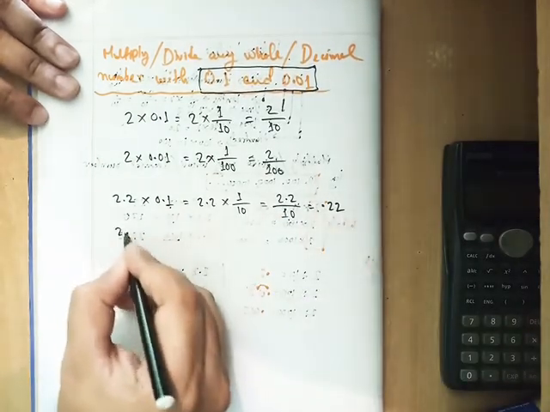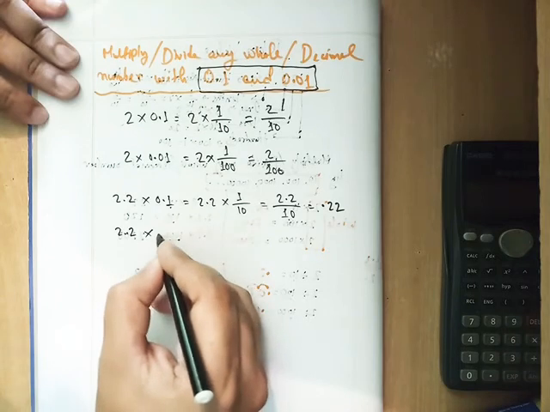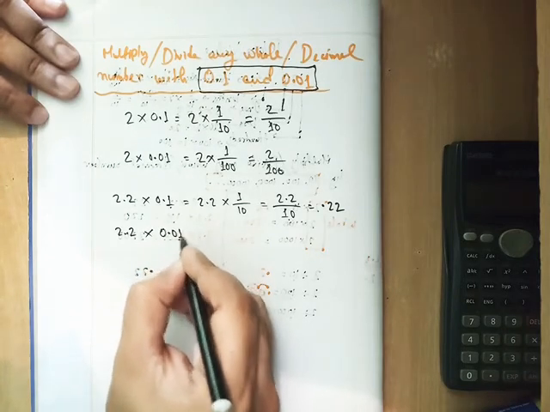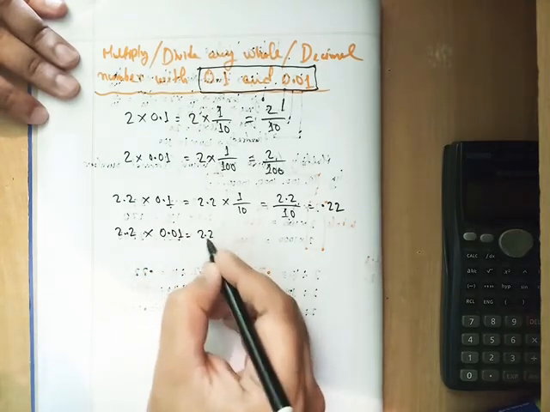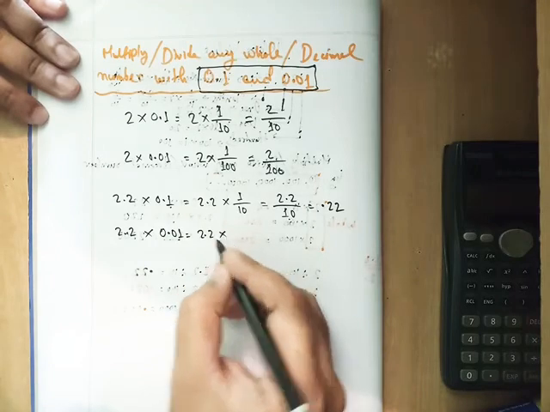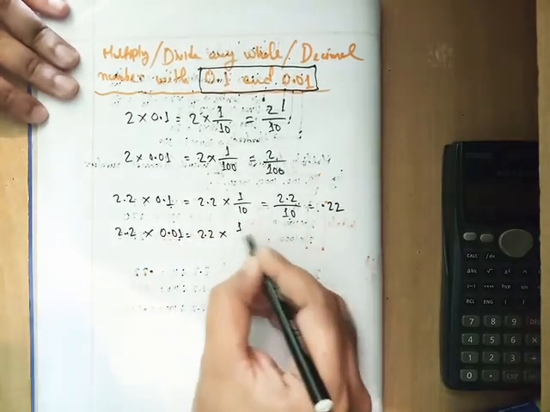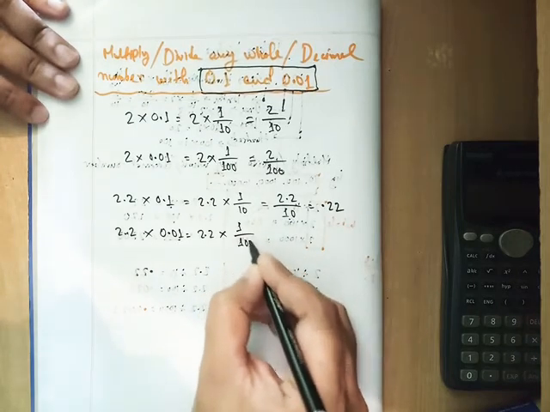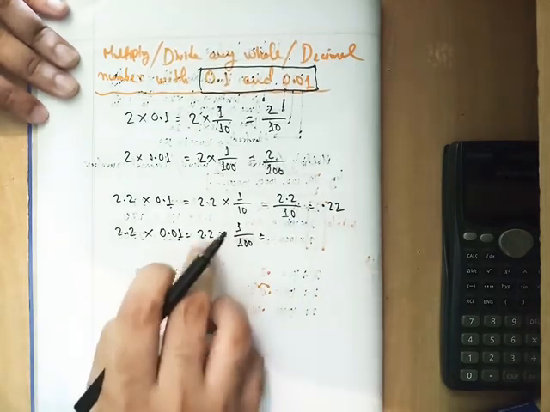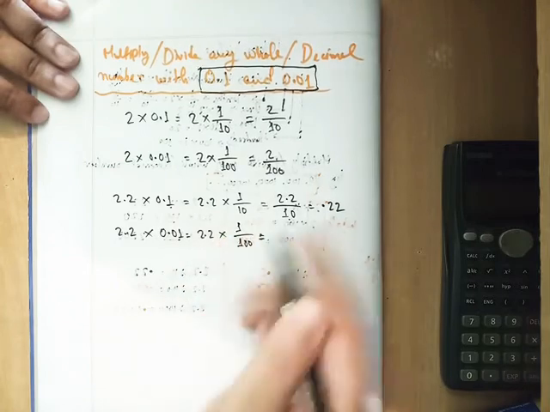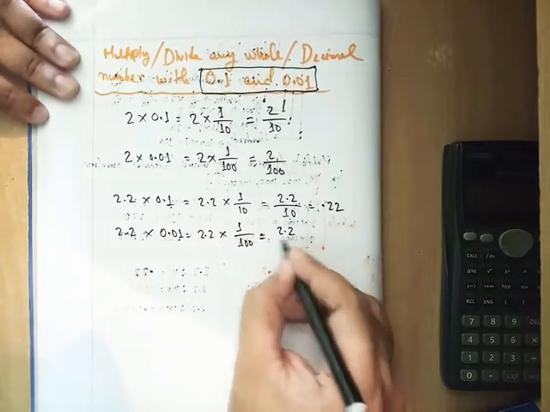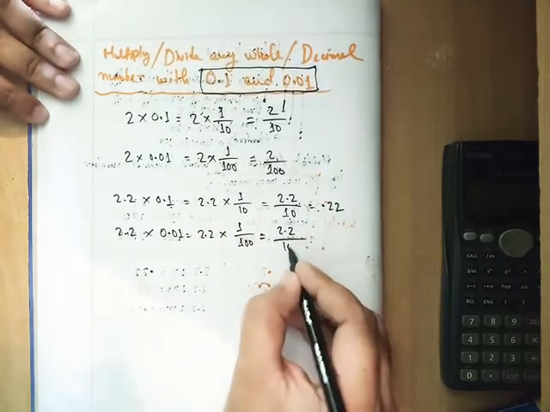Now let us divide and multiply with 0.01. So write 2.2 as it was. Now write this decimal as a fraction, so it is 1 by 100. As we further simplify it, 2.2 gets multiplied with 1, so it is 2.2, then divided by 100, right?